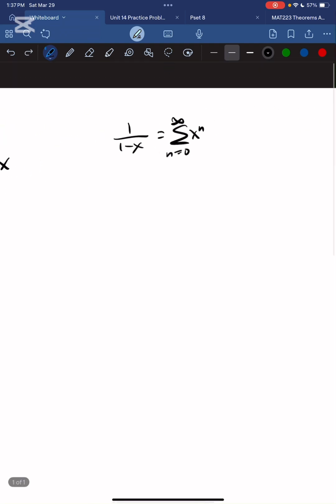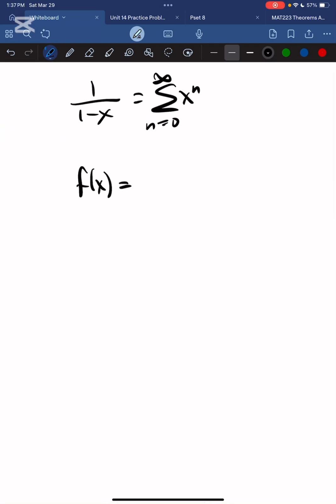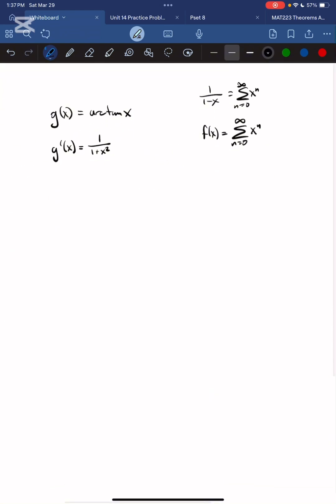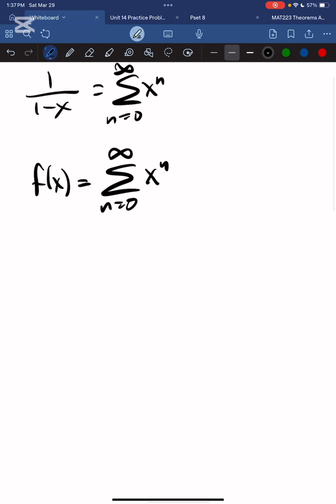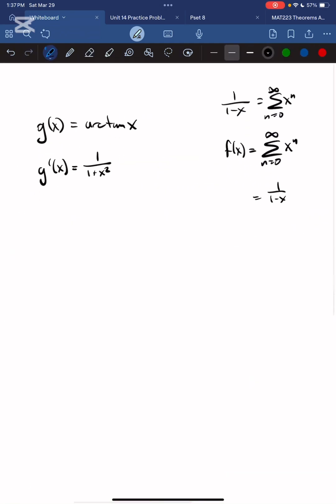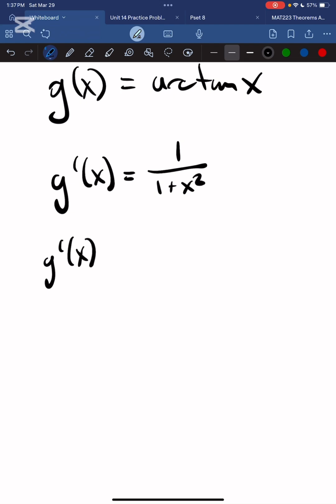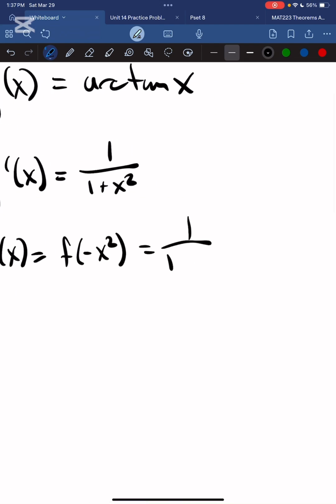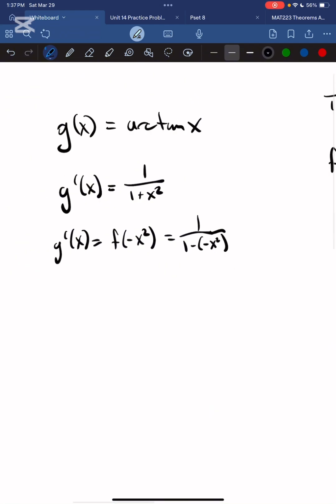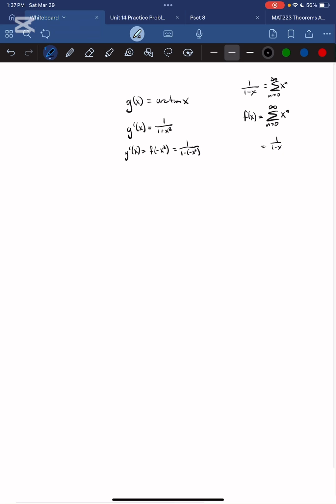These are pretty close. In fact, we can define some f of x as this geometric series, because this is essentially as if c_k was 1 and a was 0. We also know this is equal to 1 over 1 minus x. So we know that g prime of x is actually equal to f at negative x squared, because this is equal to 1 minus negative x squared. So this is where your mind should go.